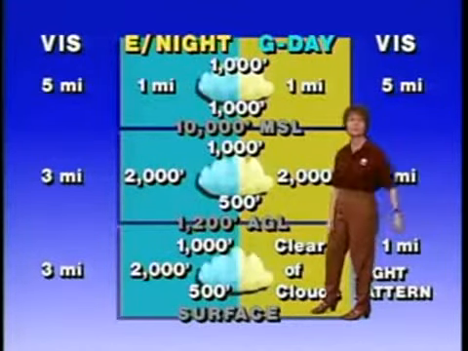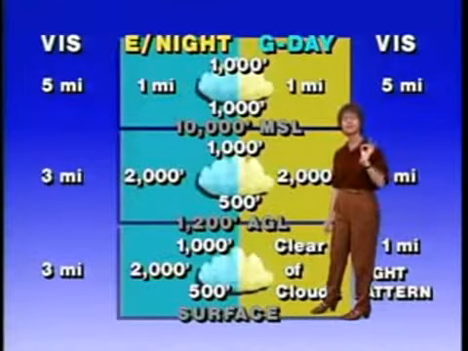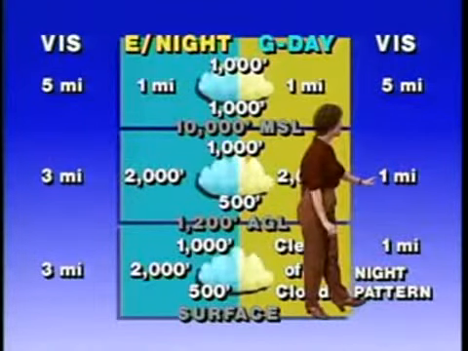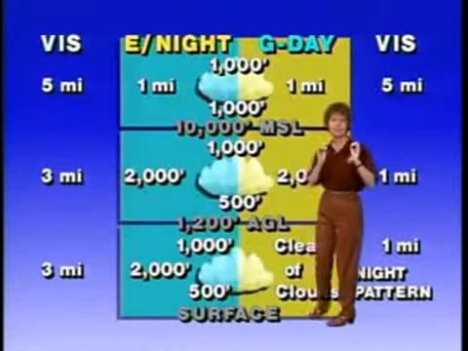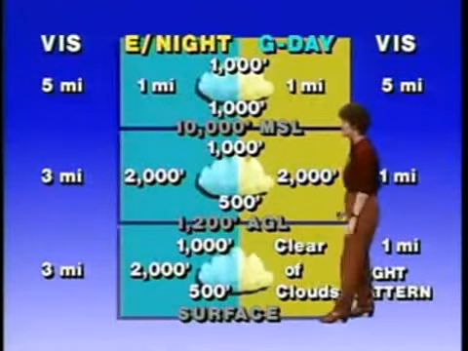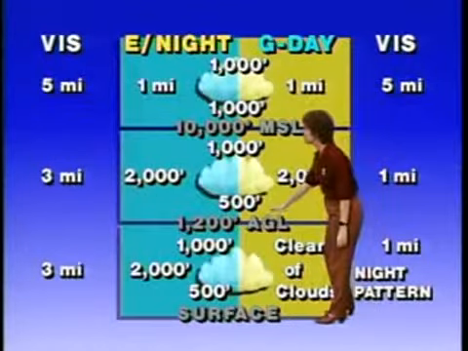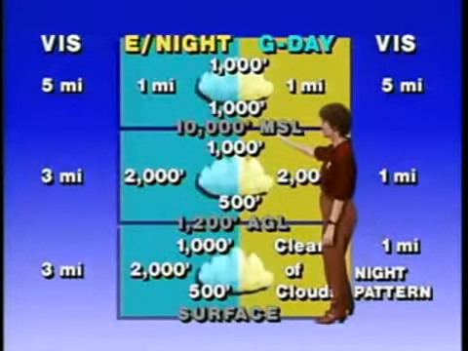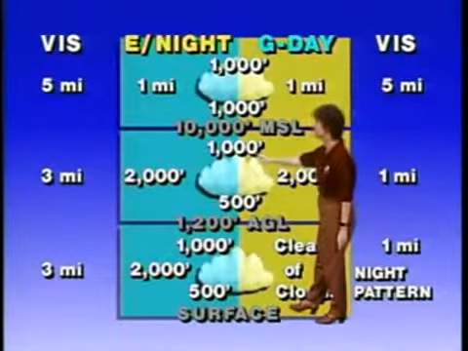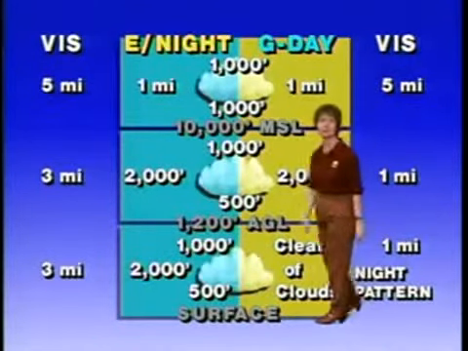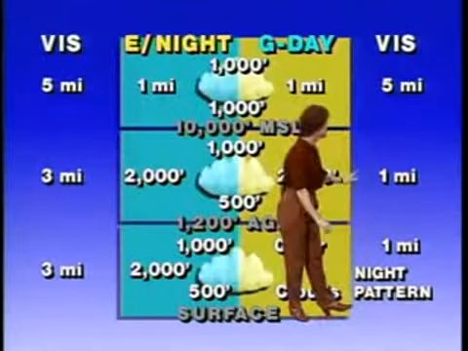The difference from controlled airspace is that you still only have to have 1 statute mile visibility. So you need to be 500 feet below the clouds, 1,000 feet above, 2,000 feet horizontally, but you still only need 1 statute mile visibility.